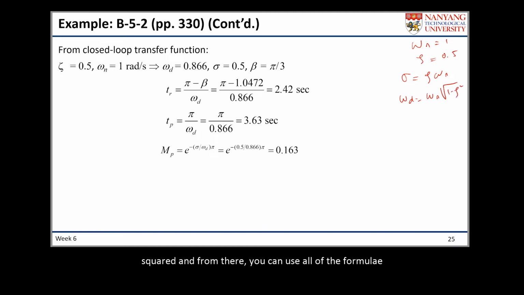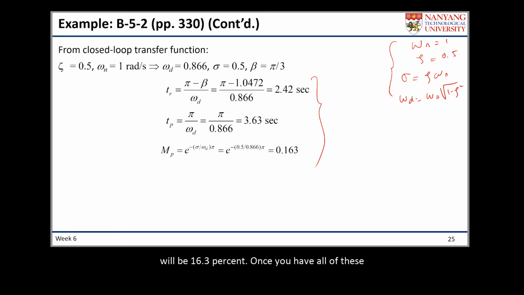From there, you can use all of the formulas for the settling time, peak time, rise time, and maximum overshoot to identify all of the features. The rise time will be equal to 2.42 seconds, the peak time will be 3.63 seconds, and the maximum overshoot is 16.3%.